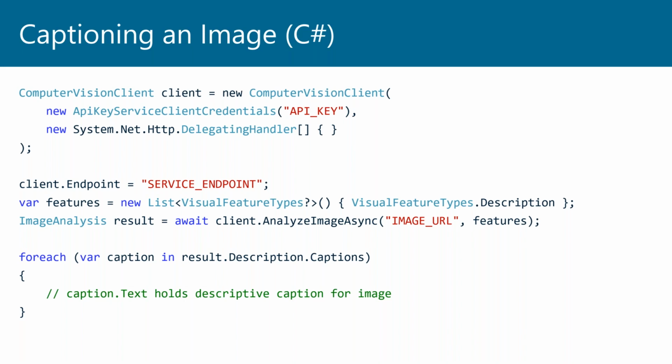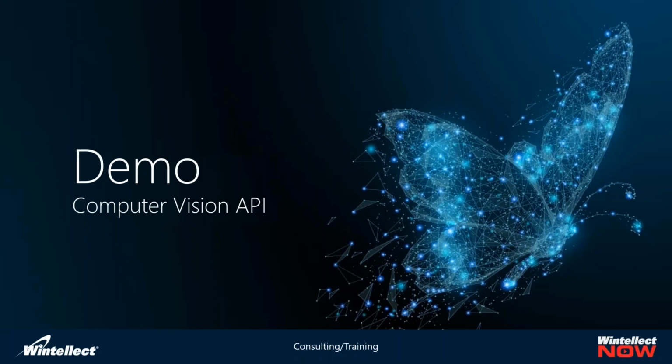If I want to get a caption, for example, that was in that return JSON, I can do it using the foreach loop you see at the bottom. Why is it a foreach loop? Because the computer vision API will sometimes generate multiple captions for you. And for each one of them, it gives you a confidence score so that you can tell which caption it had the most confidence in.